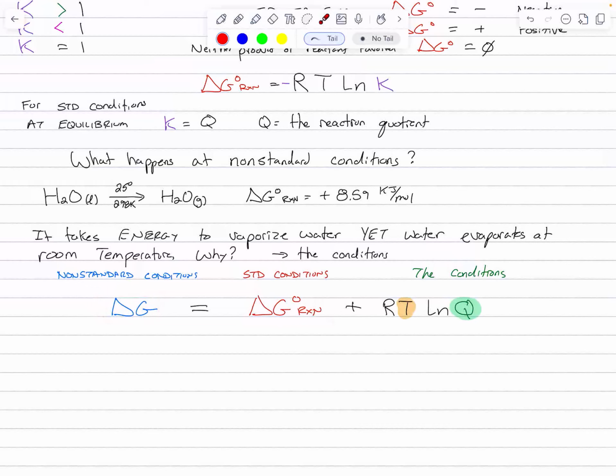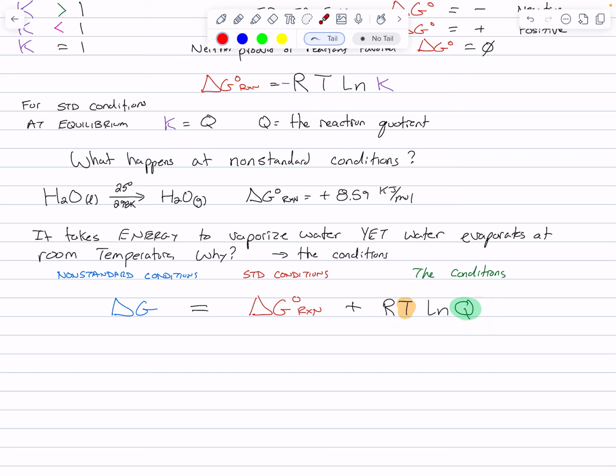Sometimes things are updated because of new techniques, discoveries, and compounds. But for the most part, delta G standard is not going to change, especially in Chem 1 and Chem 2. R is not changing either. The temperature can change, and if it does, this term changes.